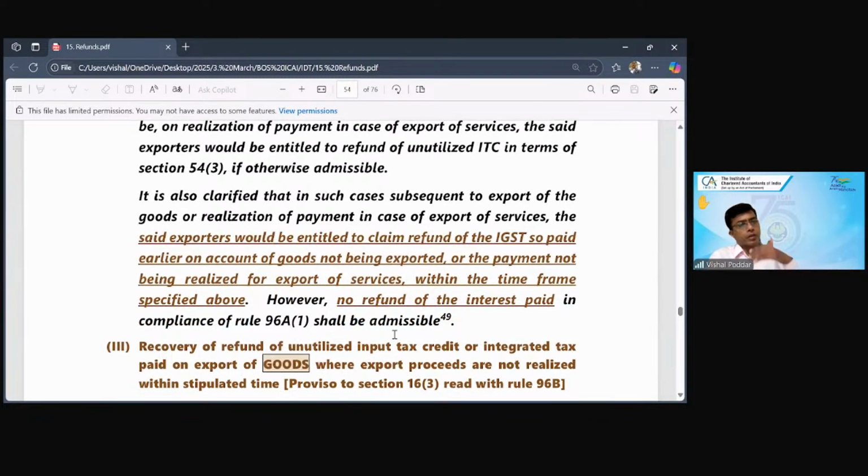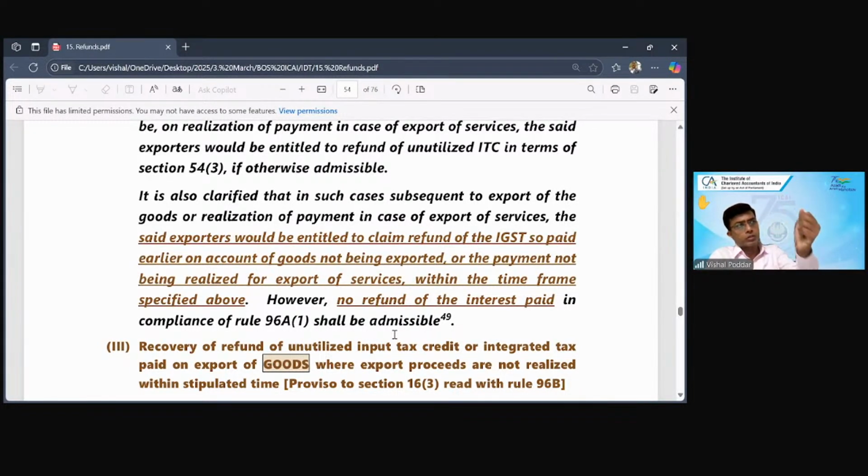So what is this point? As per 96A, since I could not export the goods in 3 months or I could not realize the payment of service in 1 year, I have to refund back the refund. Agreed. And 96A says along with interest. So I refunded back the refund along with the applicable interest. After a few months, I comply with the condition.